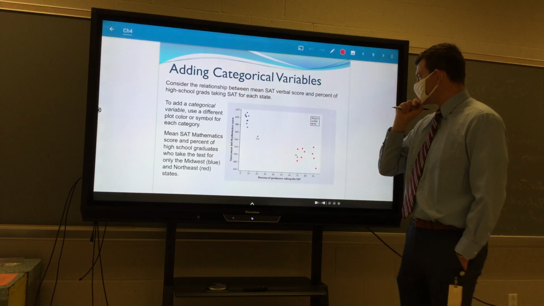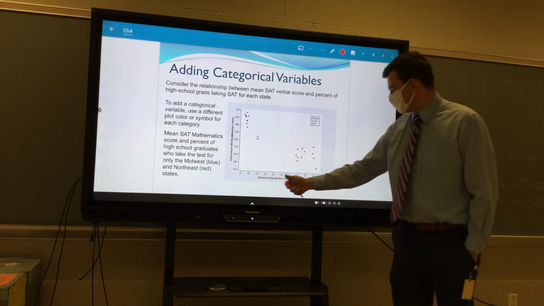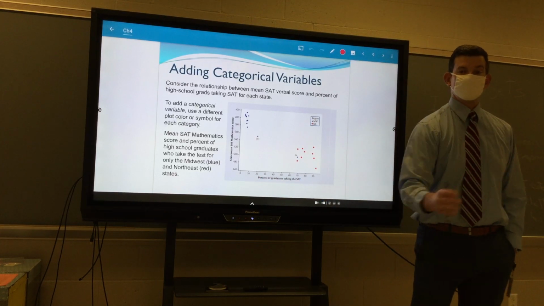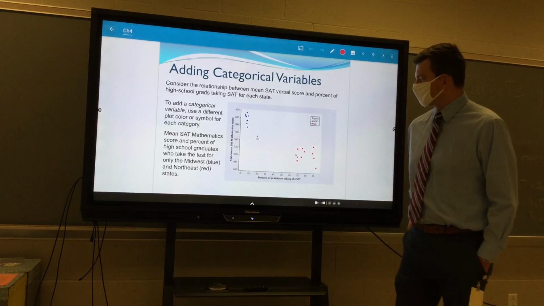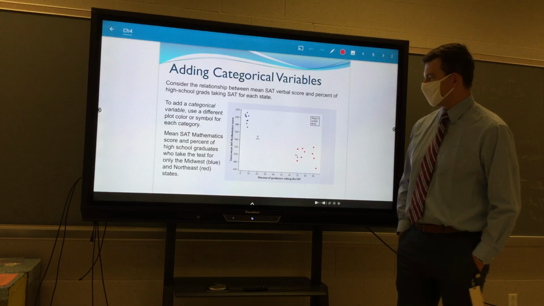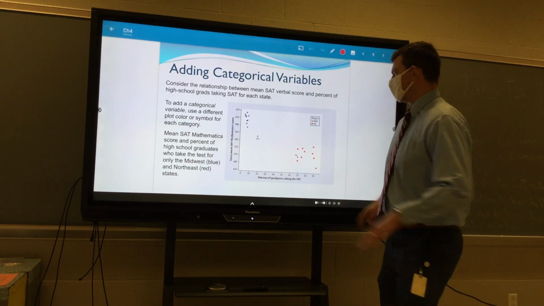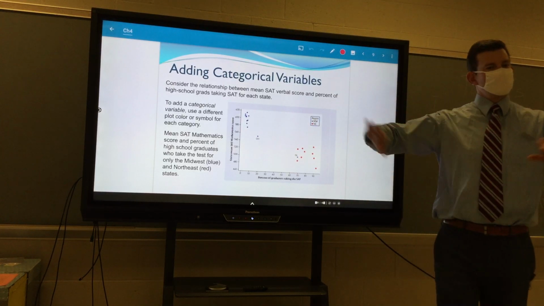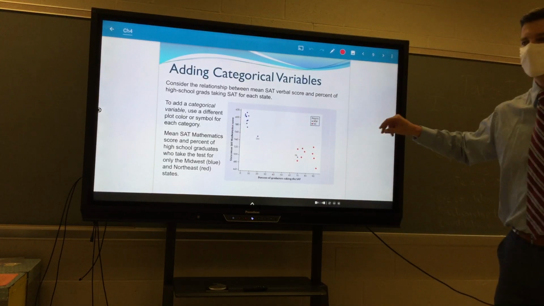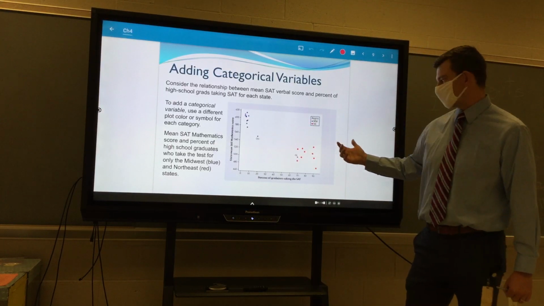We have a scatter plot here that's looking at the percent of graduates taking the SAT state by state, and the response variable is the mean SAT math score for those states. If this was all just states, we see two distinct clusters in this data set.